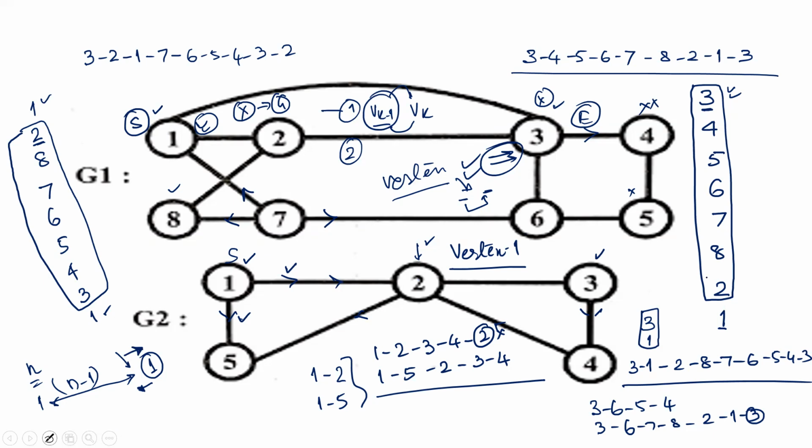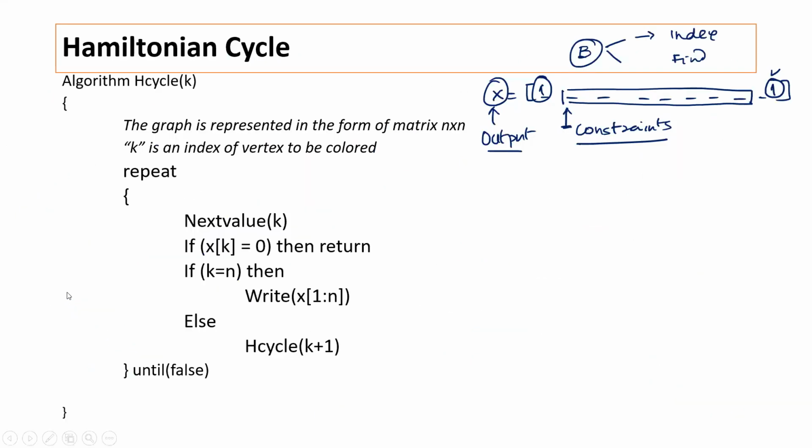For example, if I am writing 3 here, then I must ensure that 4 and 3 are connected and 3 and 1 are also connected. So this condition is only for the last but one vertex, or the nth vertex of the graph. Otherwise, this condition is not essential.